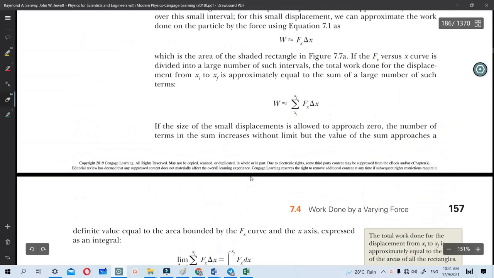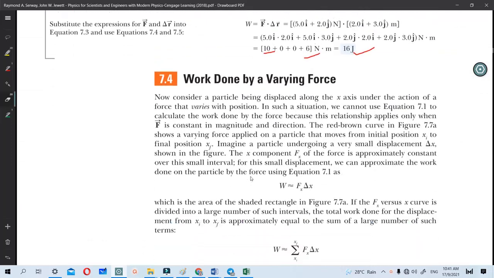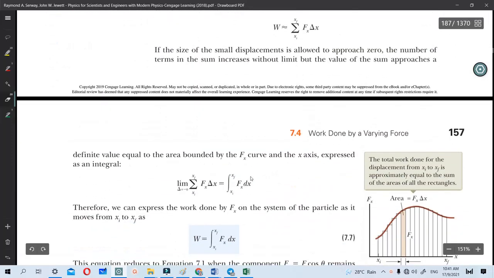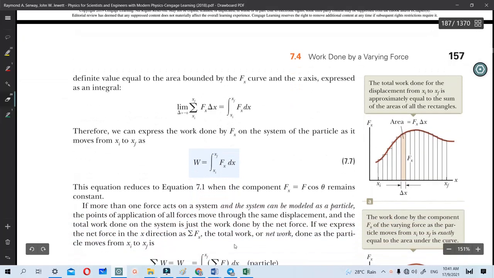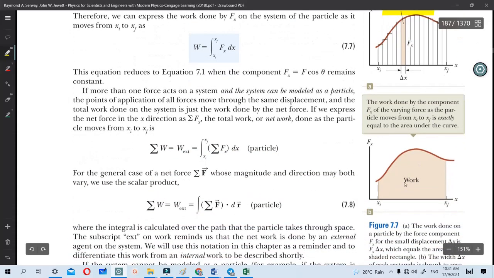We saw earlier in the concept of differentiation and integral that if we integrate F dx, we get the area under the curve of the graph F versus x. And the area is equivalent to the amount of work.